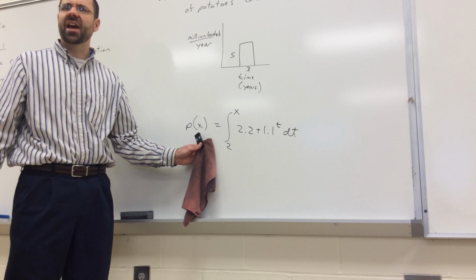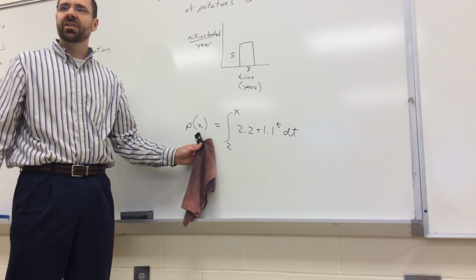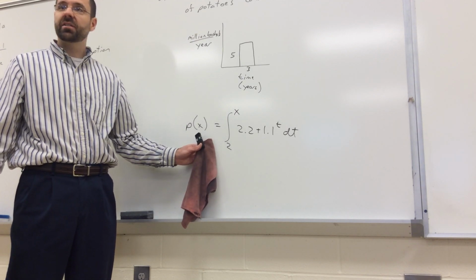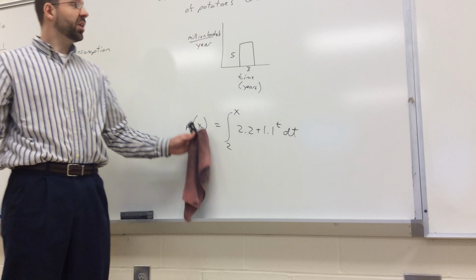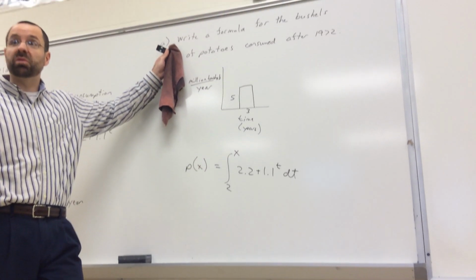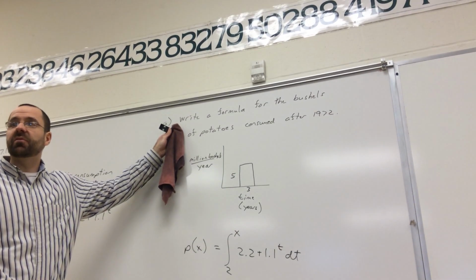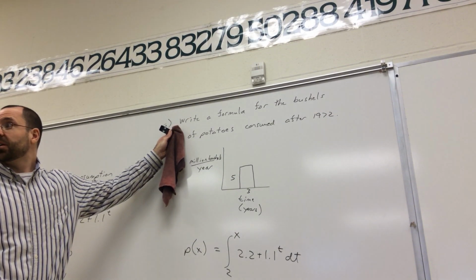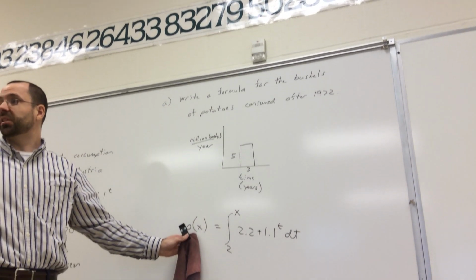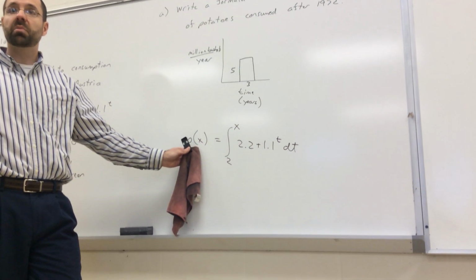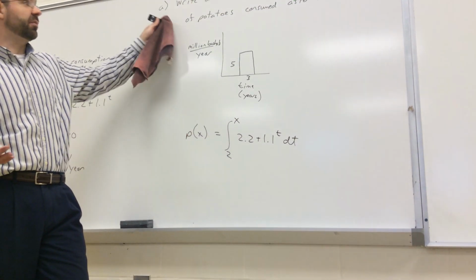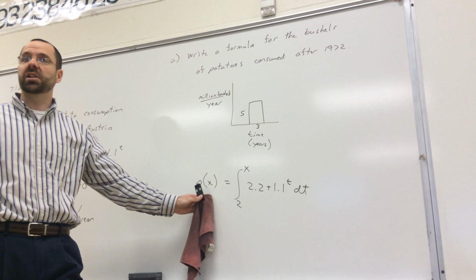Okay, so that's not a very satisfying formula because it's got an integral in it. But this didn't say write an explicit formula. If it said write an explicit formula, then this integral symbol wouldn't be allowed in our formula. But it just said write a formula, so we can get away with having an integral in our formula.